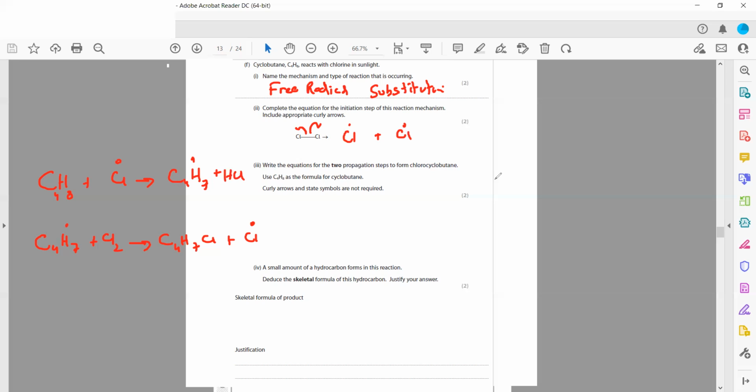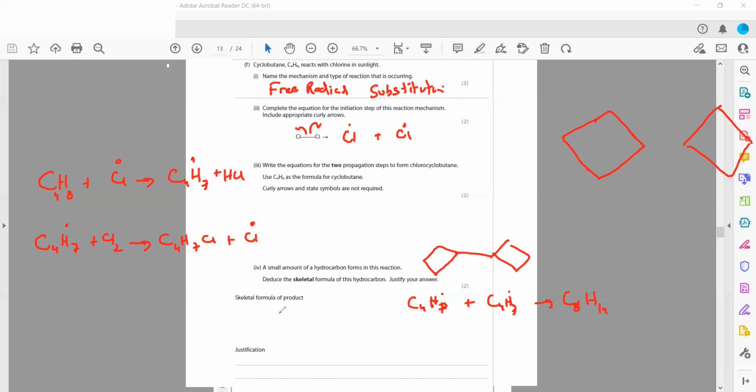The skeletal formula for the product. Look, this was a cyclobutane. So this cyclobutane combines with another cyclobutane, because a C4H7 radical combined with another C4H7 radical. As a result, it will produce C8H14. So basically one ring is combined with another ring.